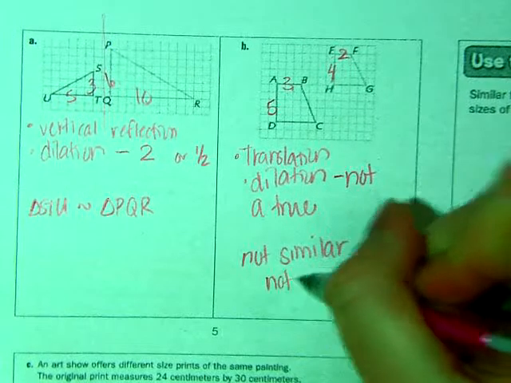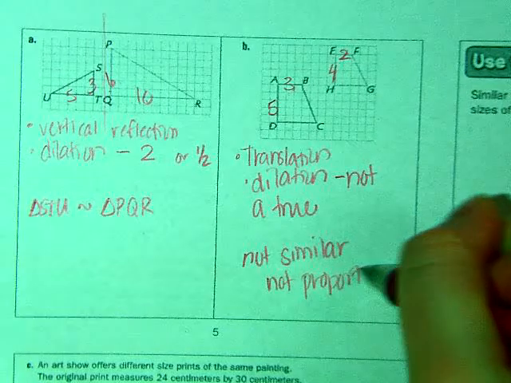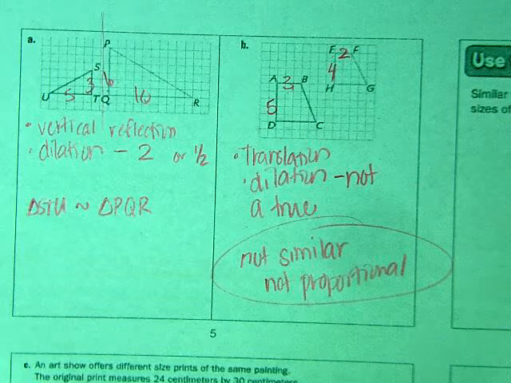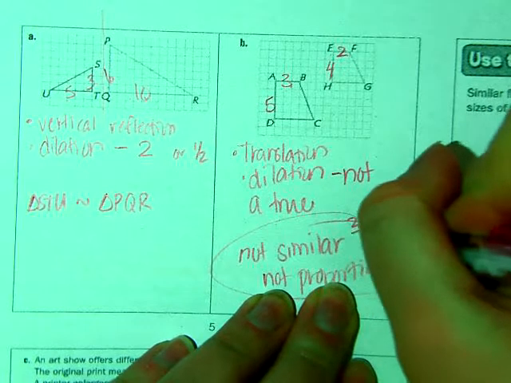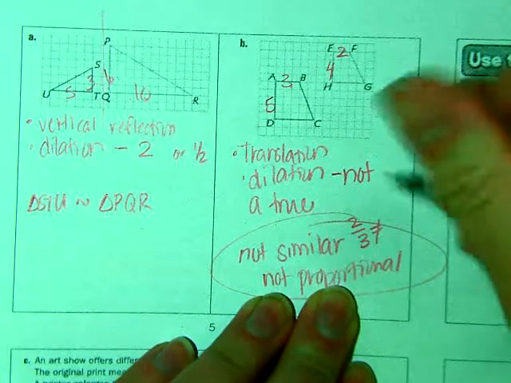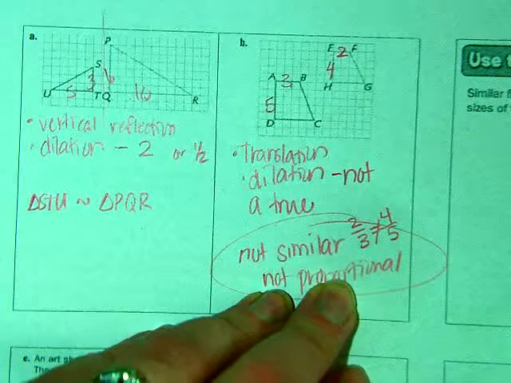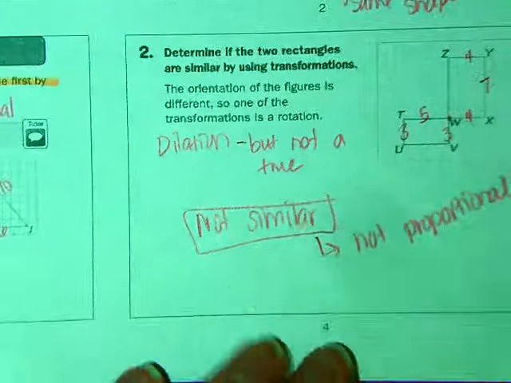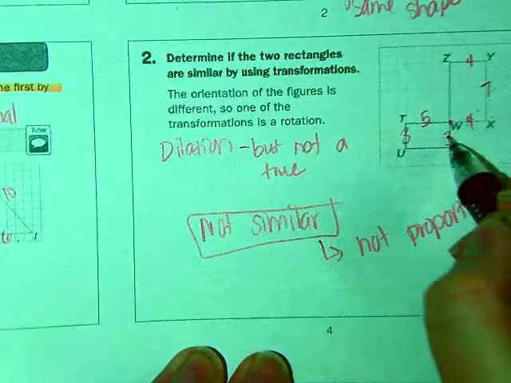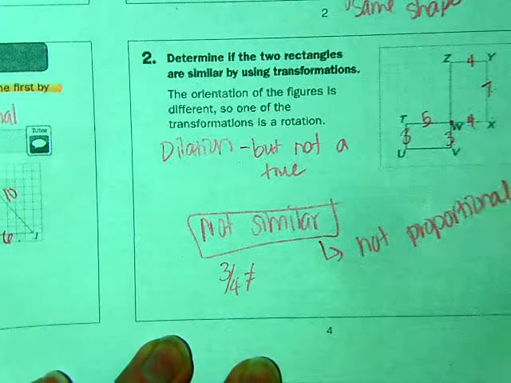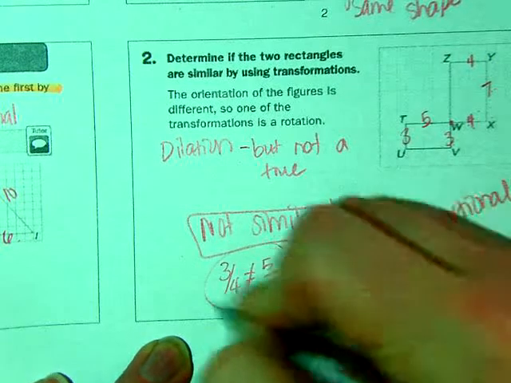These are not proportional. And we could write that with 2/3 does not equal 4/5. Little over big, little over big. And same thing here. We could have said 3 over 4 does not equal 5 over 7. I should have maybe said that a little earlier.